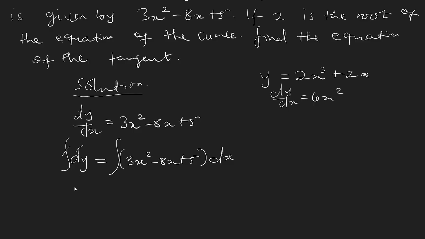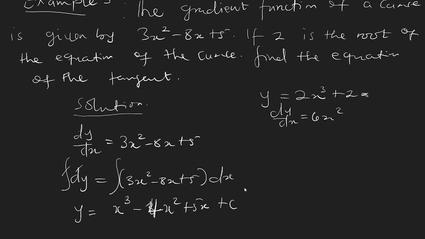We have y being equal to x cubed minus 4x squared plus 5x plus c, because we don't know the constant. So we need to add c to it.